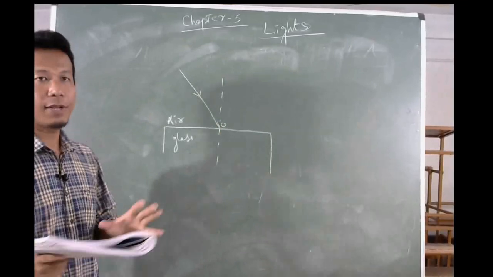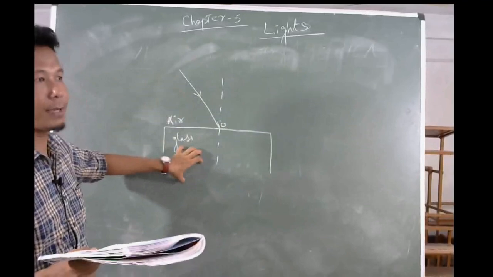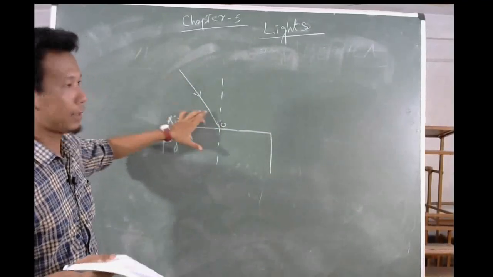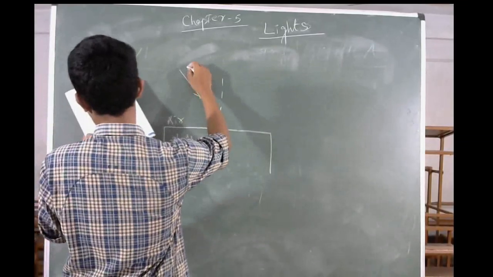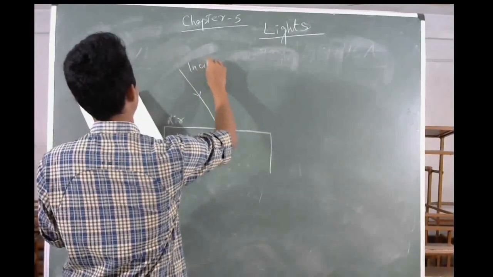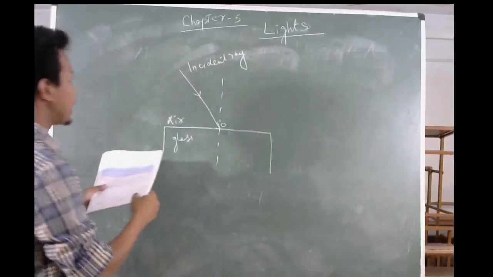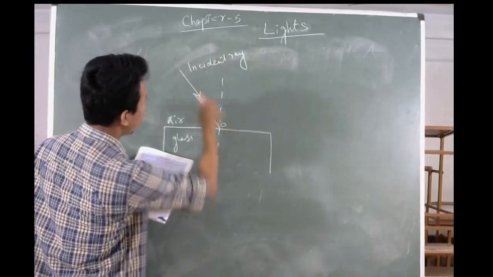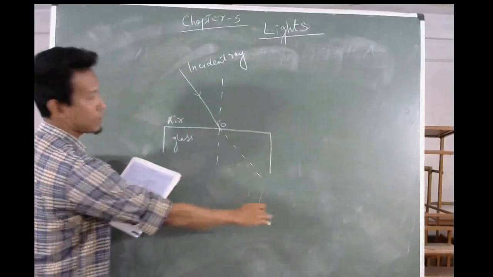When the light is traveling from optically rarer medium to optically denser medium, what will happen to the path? So this is the incident ray.